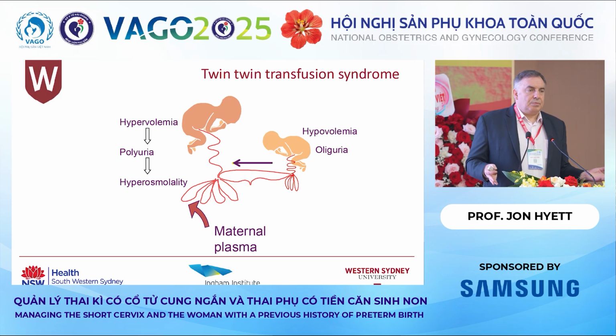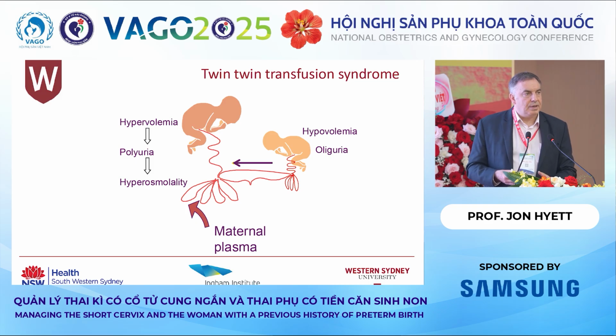So what's the mechanism of twin-twin transfusion? Well, the main feature of twin-twin transfusion is that there's an imbalance in the circulation between the two twins. As a consequence, the smaller twin is getting less flow through its circulation, less nutrient, and is typically smaller, and because it has less flow in the circulation, will also get oligohydramnios, which is because there's less renal filtration.